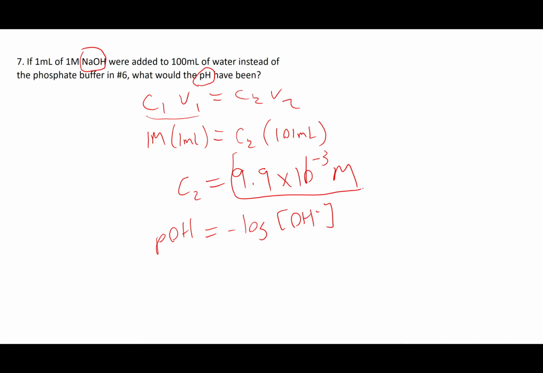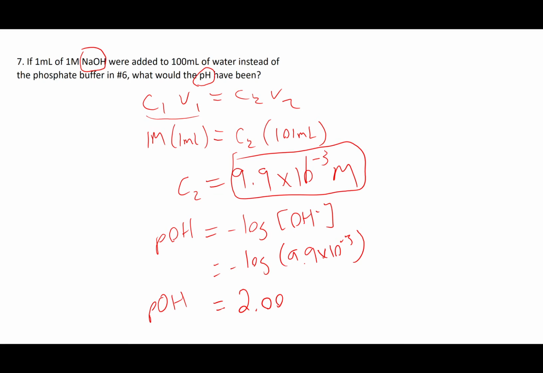Well, we just determined the hydroxide concentration, so let's go ahead and calculate a pOH. So negative log of 9.9 times 10 to the negative third. What do we get here? All right, what we get is 2.00 for the pOH.